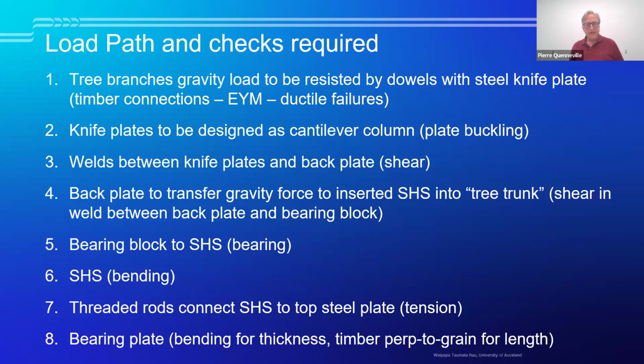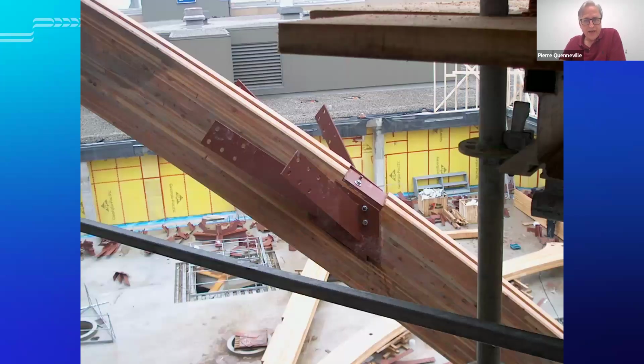So bending of the plate needed to be checked to determine its thickness, and its length was determined by sizing it. The width of the plate was the entire width of the glulam member. So you have an installed connection at this point.